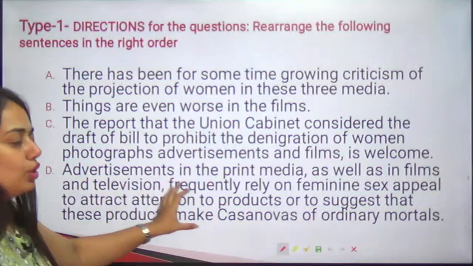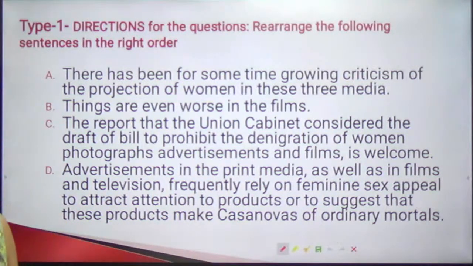Write down your own order and then I'll show you the options also. Read the sentences, try to guess what it is based on, and then try to guess the sequence. This is a relatively easy one, I would say.